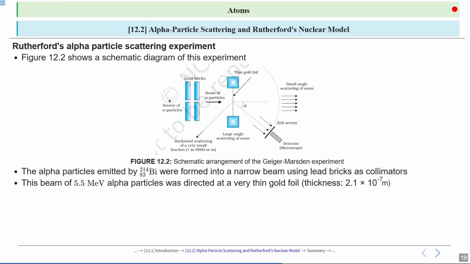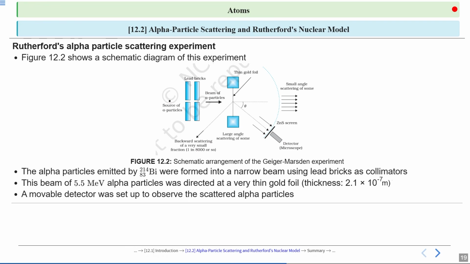This thinness allowed most alpha particles to pass through, but some would interact with the atoms in the foil. Finally, a movable detector was placed around the foil to observe where the alpha particles went after hitting the gold. By moving the detector to different angles, the scientists could measure how many particles were scattered in each direction. This data was crucial for understanding the structure of the atom.